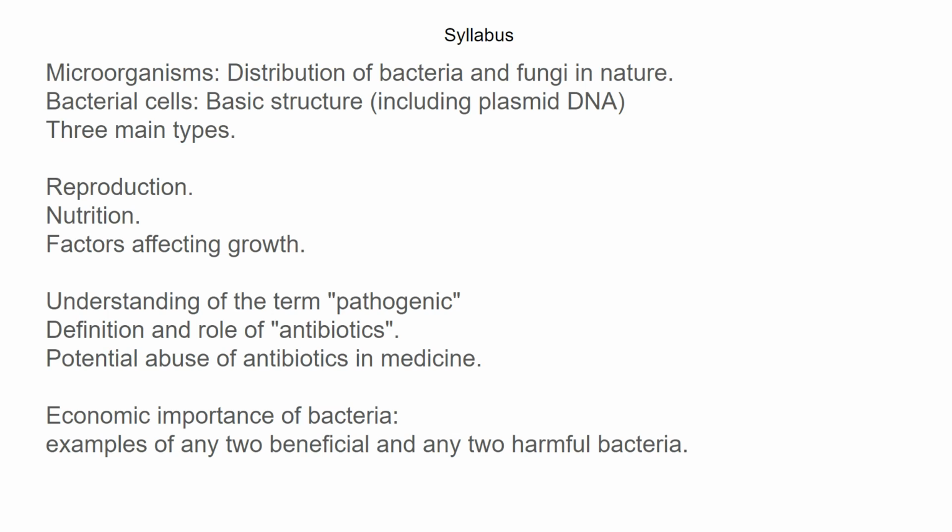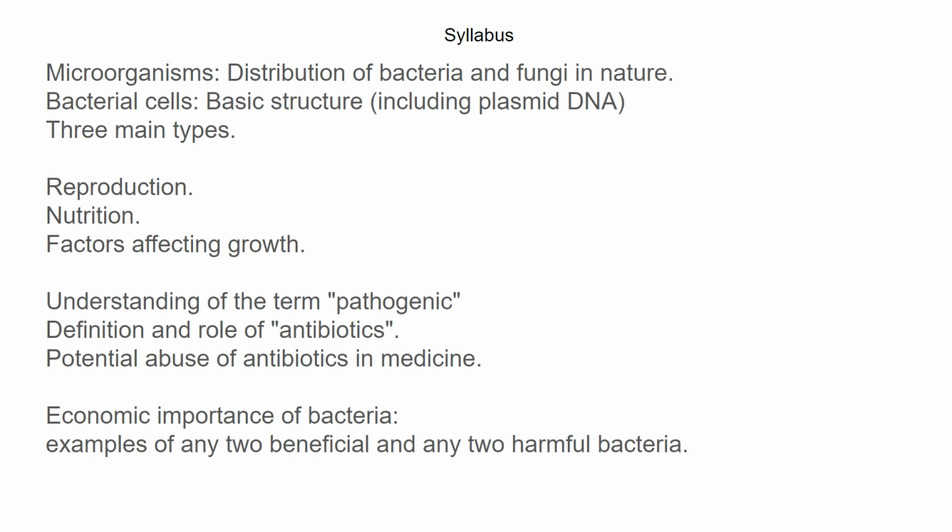They're all bacterial diseases. Antibiotics, these are chemicals produced by microorganisms to inhibit or kill other microorganisms. The abuse of antibiotics in medicine is referring to the overuse of antibiotics that has led to resistant strains of bacteria becoming dominant.